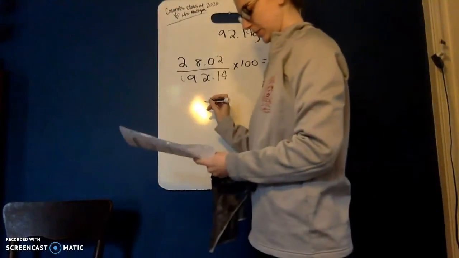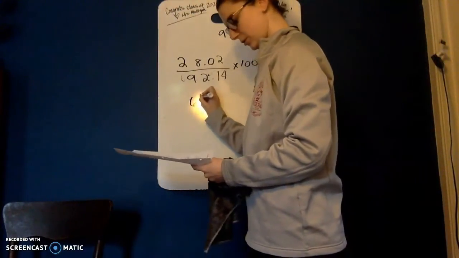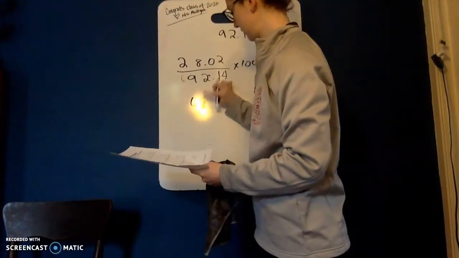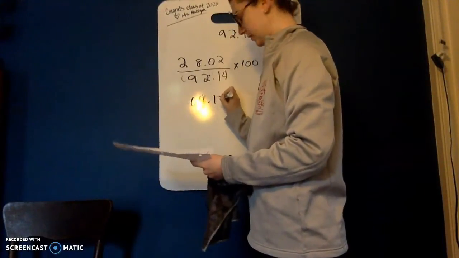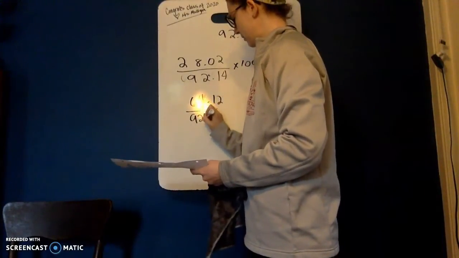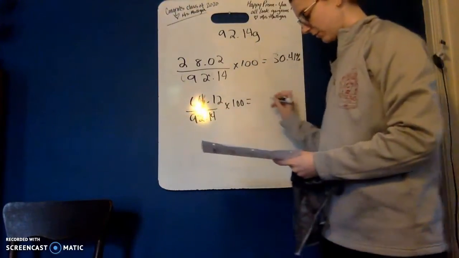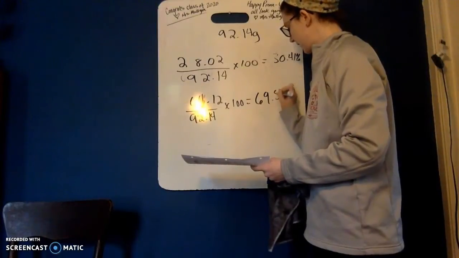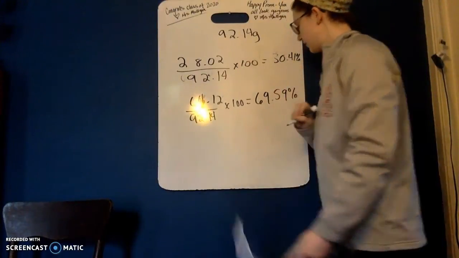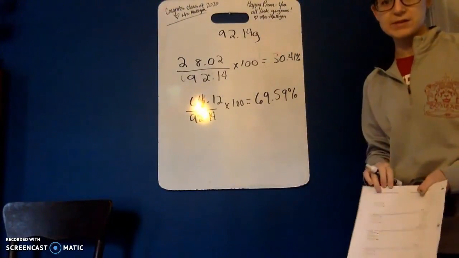And then I have 2 sulfurs, so that is 64.12 divided by 92.14 times 100. And we get 69.59% for sulfur. Okay, so that is the front.